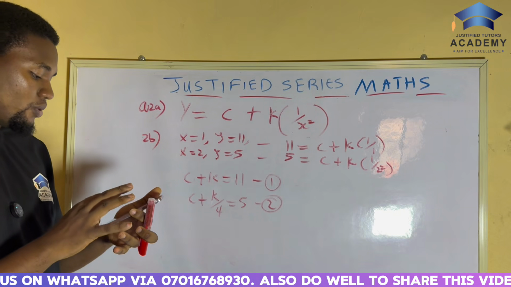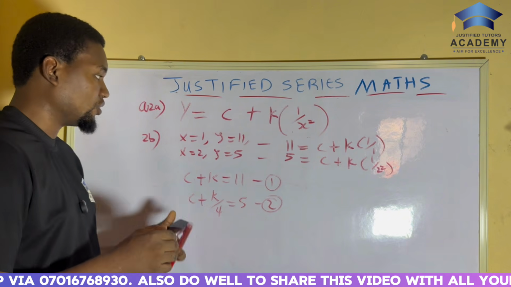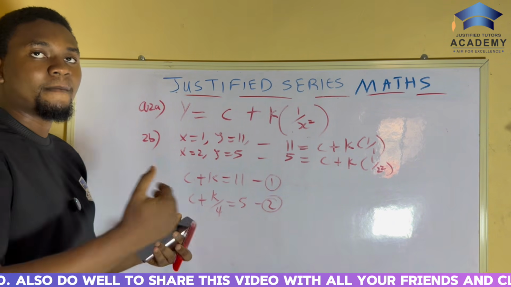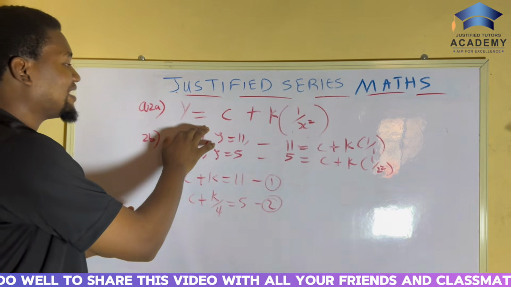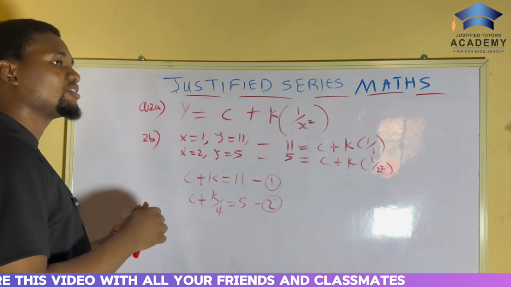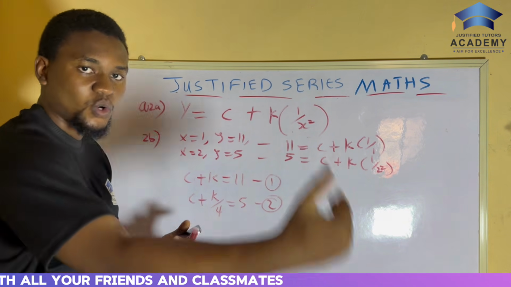Now, this question is under partial variation, in the sense that when you are asked the question, they will always use the word partly. Here we are told that y is partly constant. That means y is equal to a constant.